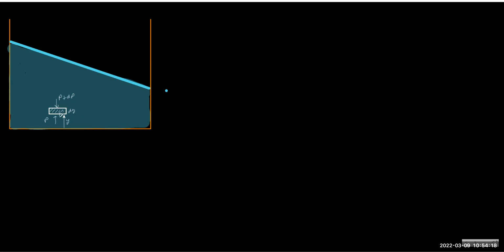And gravity is pulling downward, so this will have the value dm g. That's like an FBD. The force will be P dA from the bottom. From the top, it is (P plus dP) into dA, and the gravity is rho dV, which itself is dA into dy, the density into volume into g.